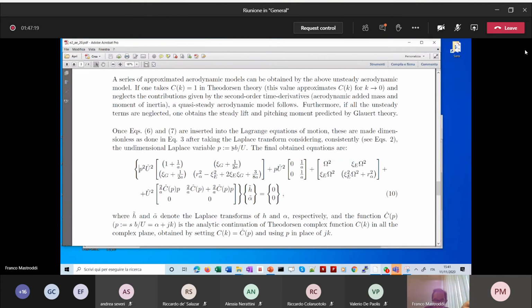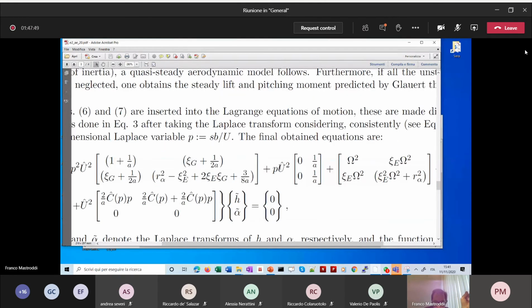P is the nondimensional Laplace variable. P to the power 2 grouped in a unique mass matrix, including structure and aerodynamic, the part of the aerodynamic expressing mass. You can include this aerodynamic mass contribution together with the structural mass contribution. You have a damping given by the aerodynamic, and you have a stiffness here.